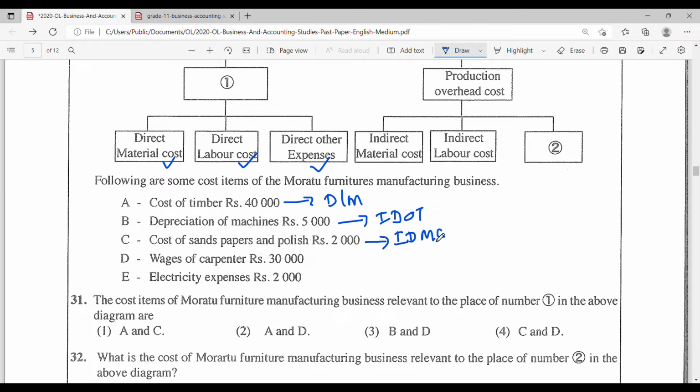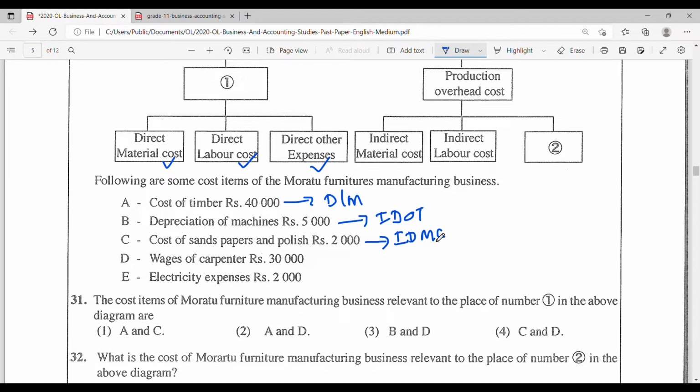Cost of sandpapers and polish, rupees 2,000, will again fall into the indirect category, but here it will be indirect material cost. Why? Because you cannot clearly recognize the usage of sandpapers for one particular furniture unit. Taking one sandpaper or one bottle of polish, you could use it for several furnitures or several outputs.